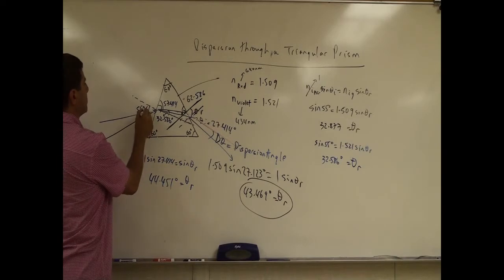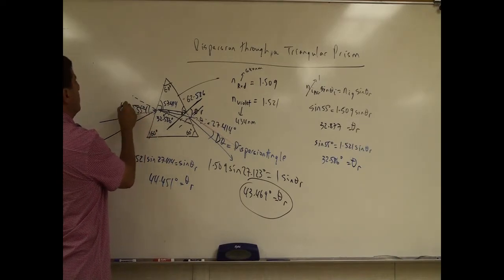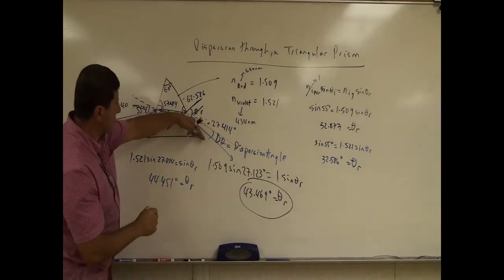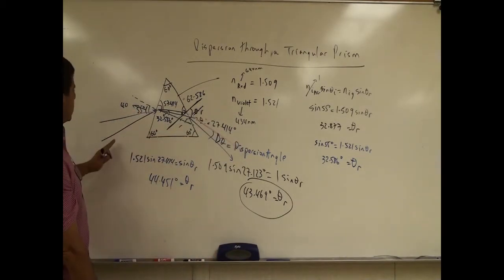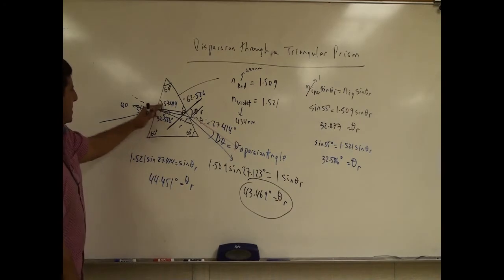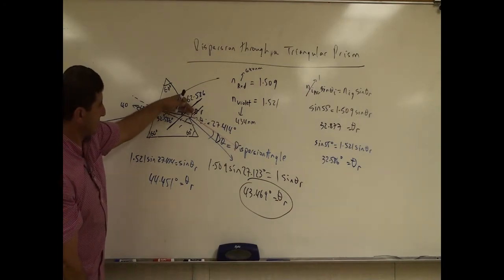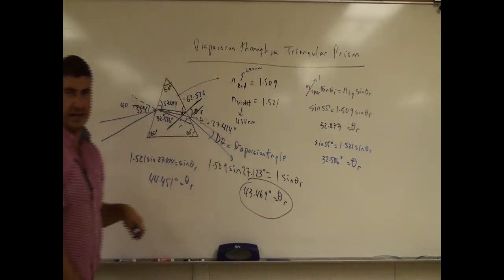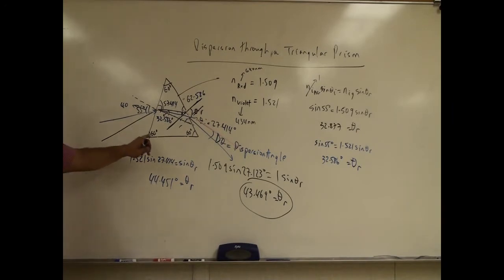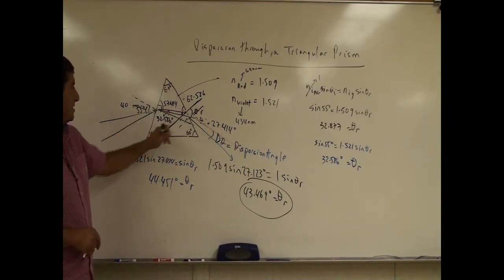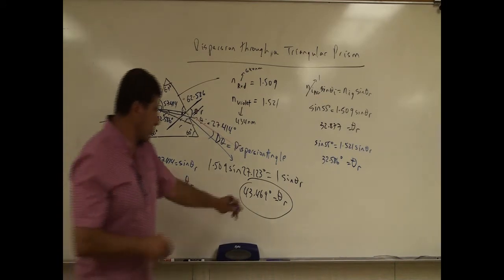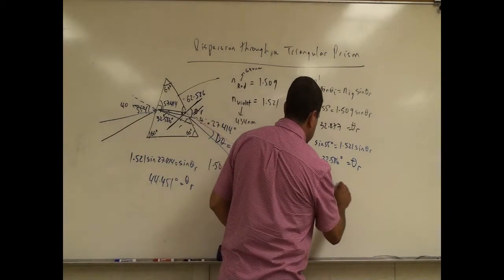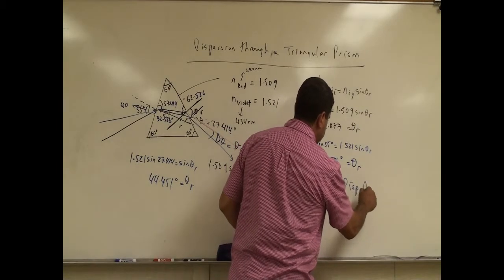If this angle was smaller, let's say 40 degrees, then it would bend more, and then the dispersion angle would be more, right? So the more like this the beam of light comes, it comes straight like this, right? So the dispersion angle is going to be less. So it depends on the parameters of the angles of the triangle and the initial incident angle of the beam of light, right? So let's subtract that, delta theta, and this is known as dispersion angle.